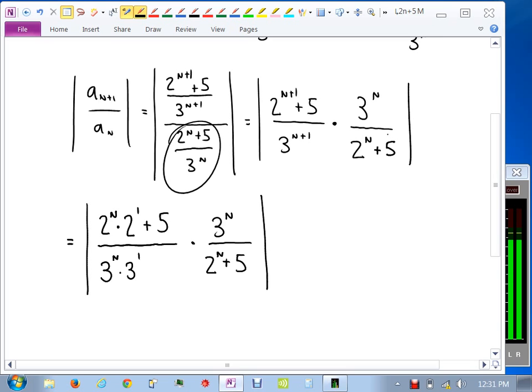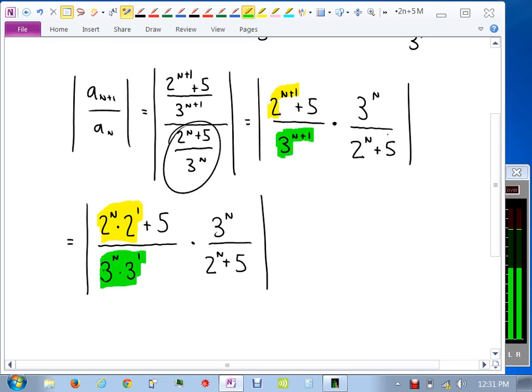That's just like we did with geometric series when we were peeling the a off. I'm just rewriting these pieces here.